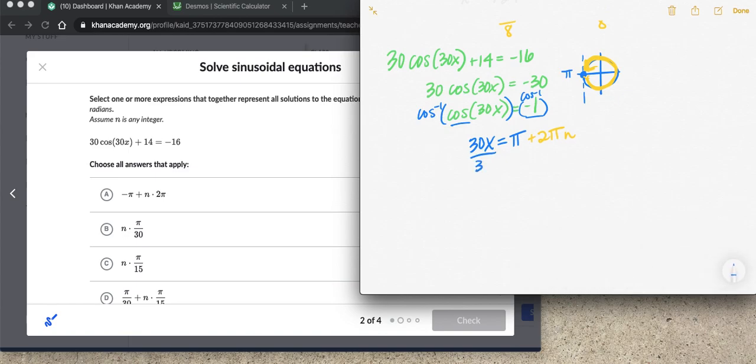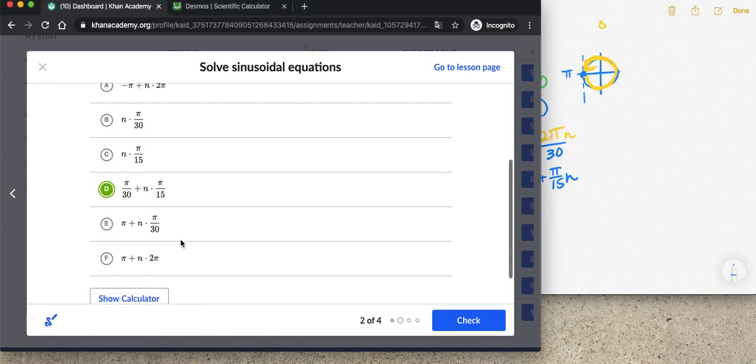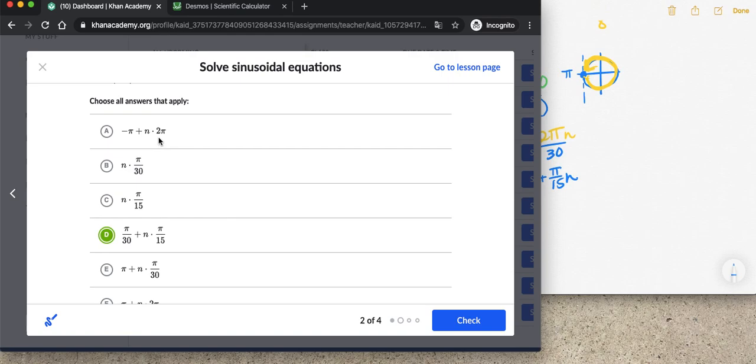So let's just take one last step and let's solve for x. So we do get pi over 30 plus pi over 15. Or let's look for something that should be similar. So I'm just going to evaluate the other answers.